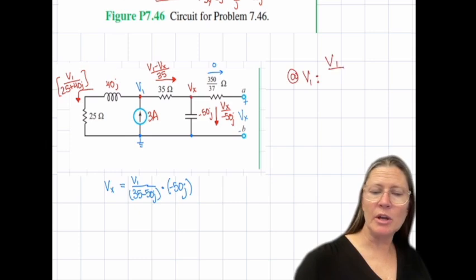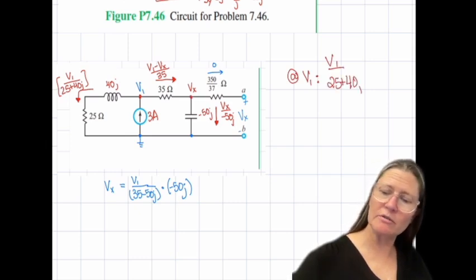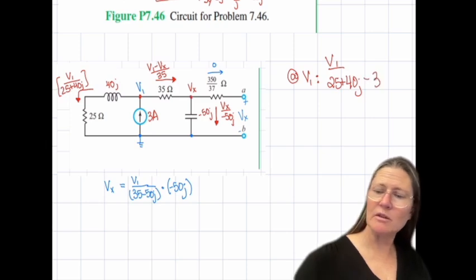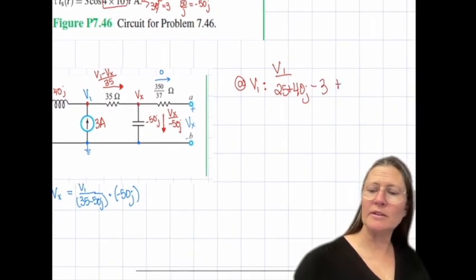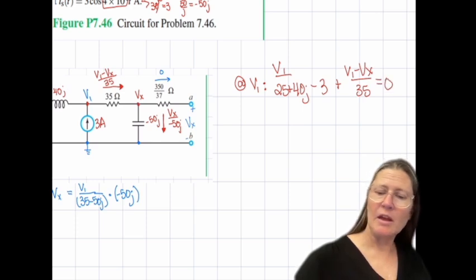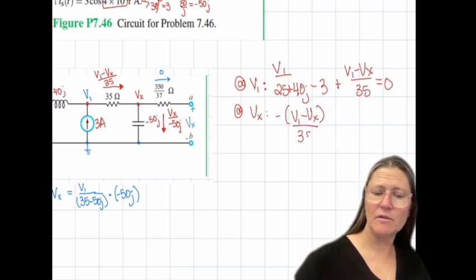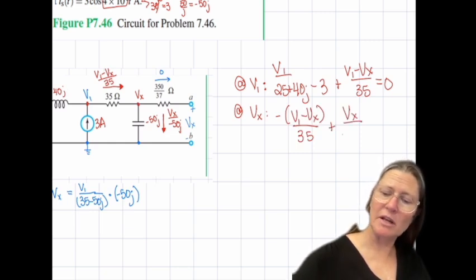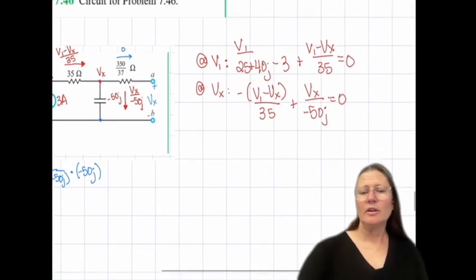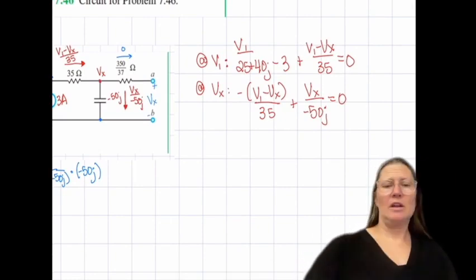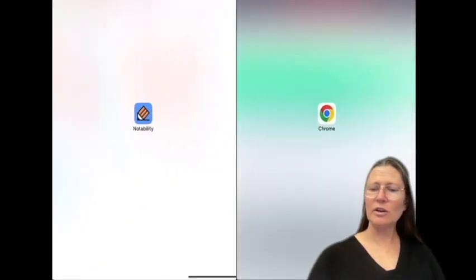It will be V1 over 25 plus 40J, minus 3, plus V1 minus Vx over 35 equals 0. And then at the Vx node, it's going to be a minus of that, V1 minus Vx over 35, plus Vx over a minus 50J. And then plugging that into the calculator.